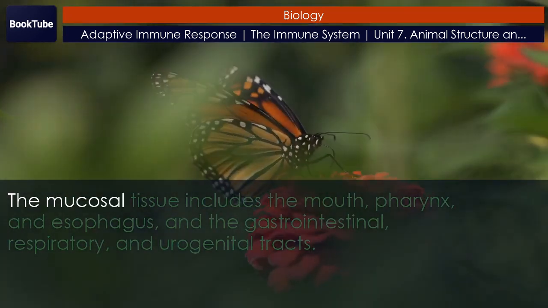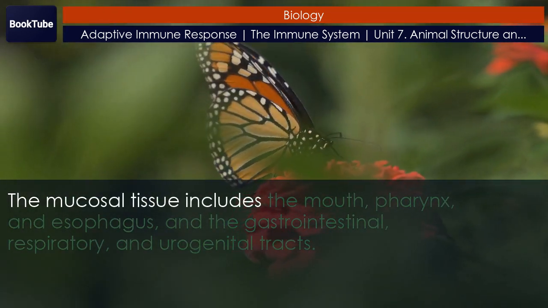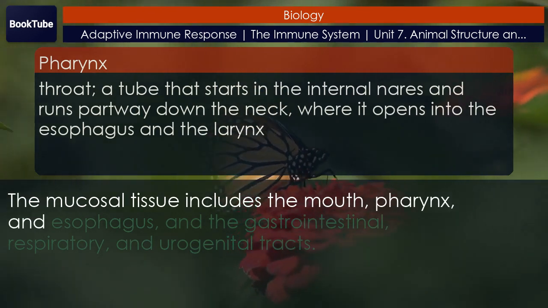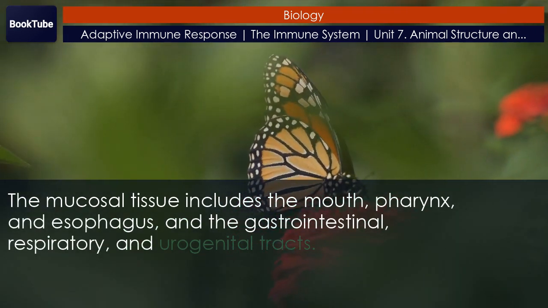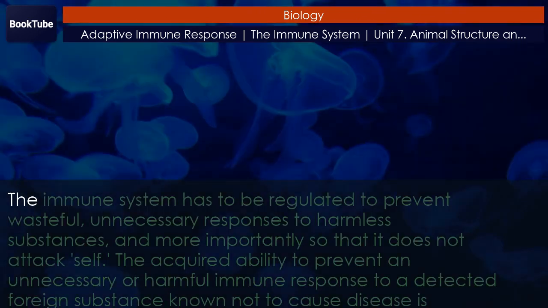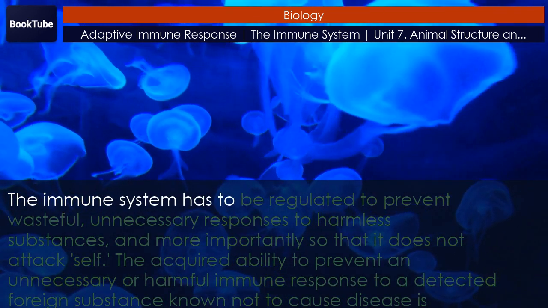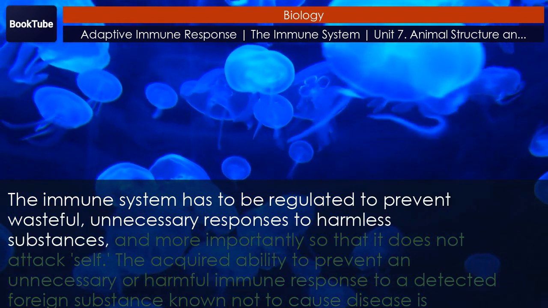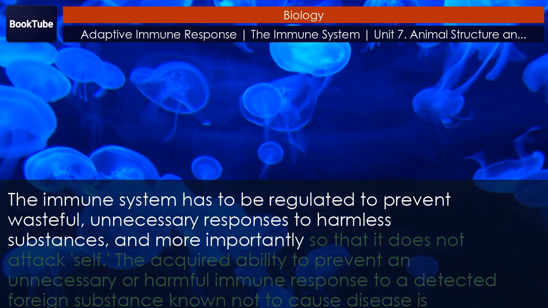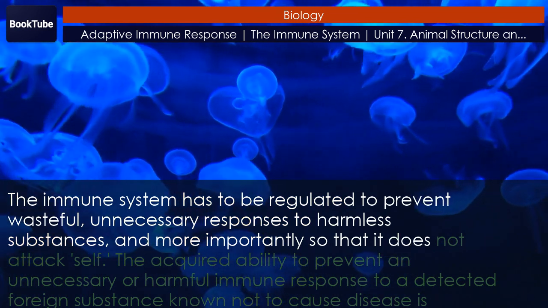The mucosal tissue includes the mouth, pharynx, and esophagus, and the gastrointestinal, respiratory, and urogenital tracts. The immune system has to be regulated to prevent wasteful, unnecessary responses to harmless substances, and more importantly so that it does not attack self.